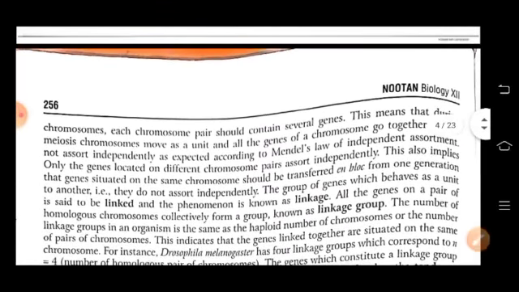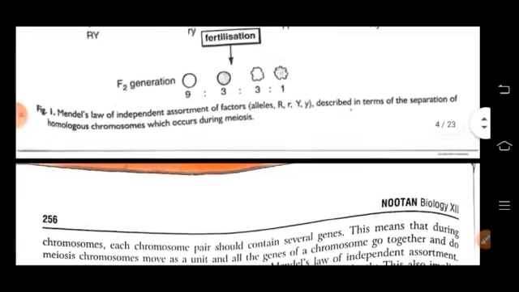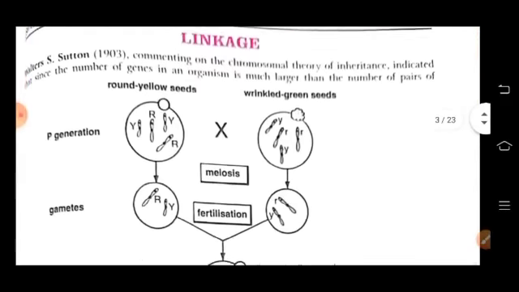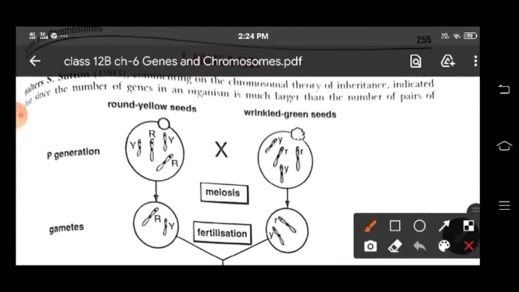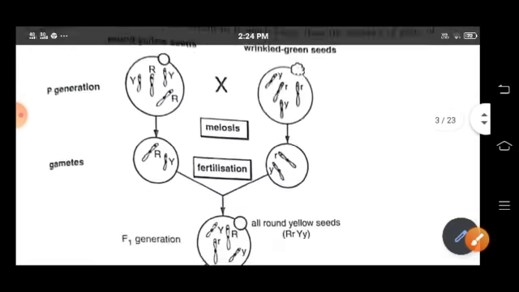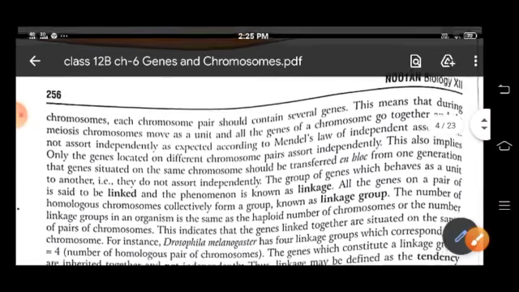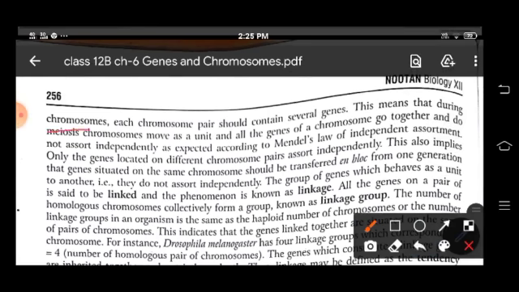Now come to linkage. Sutton, after commenting on the chromosomal theory of inheritance, indicated that since the number of genes in an organism is much larger than the number of pairs of chromosomes, each pair should contain several genes.